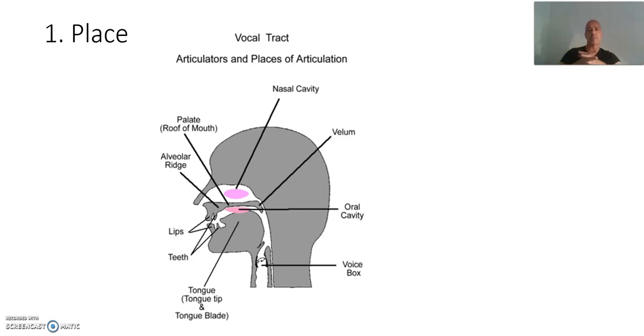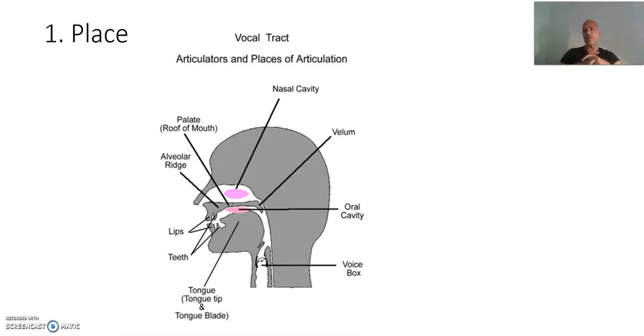P, for example. The nasal cavity, whether you say o or on, makes a big difference. In one, the air is forced through your nose. You have your teeth, which play an important role, particularly in English, for sounds like v or th. Very much, you need your teeth there.